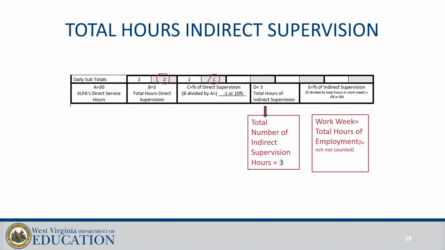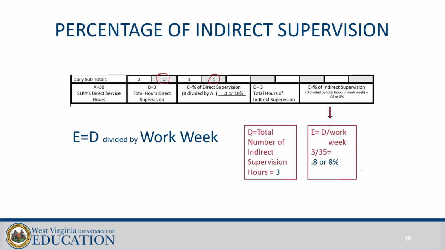To calculate the percentage of indirect supervision, we divide the total number of hours of indirect supervision by the work week total. In our example, we would be dividing 3 hours, that's the indirect supervision, by 35 hours, the total work week length.